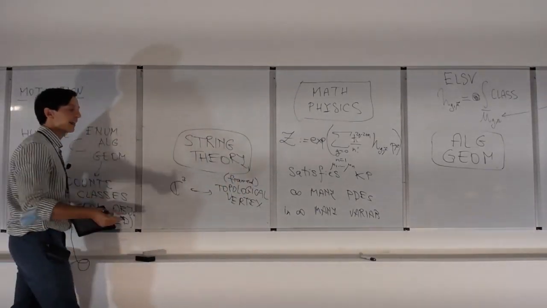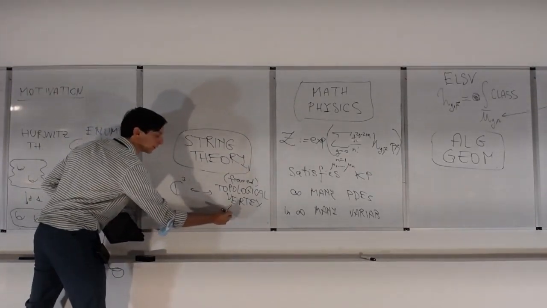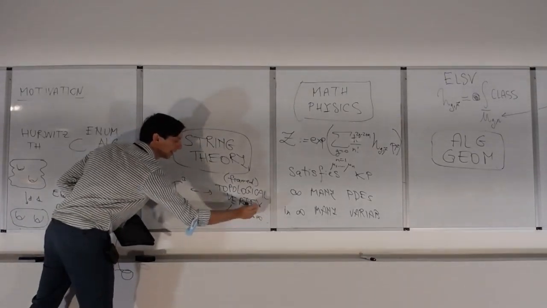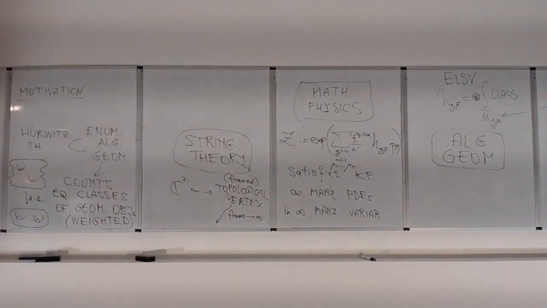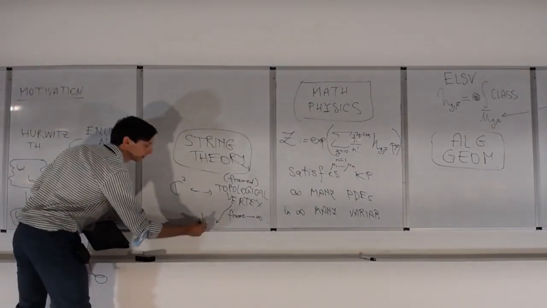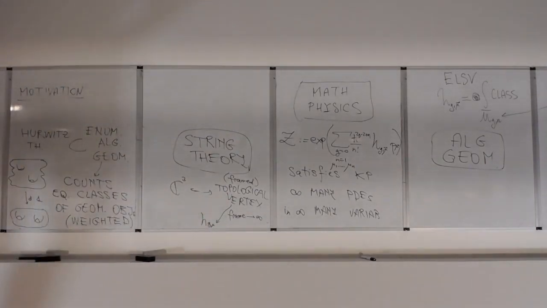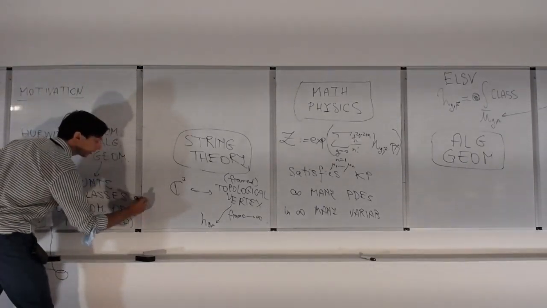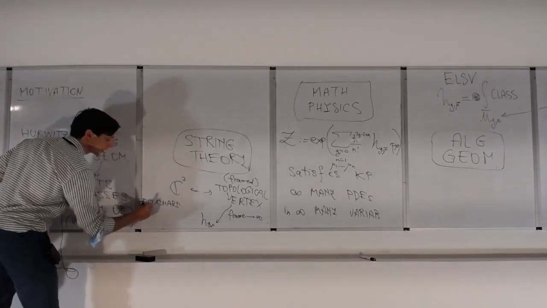And when you send this framing to infinity, then there was a conjecture by Marcos Mariño and Vincent Bouchard that says that if you do that, you find Hurwitz numbers. This was, let me write it here, the Bouchard–Mariño conjecture.